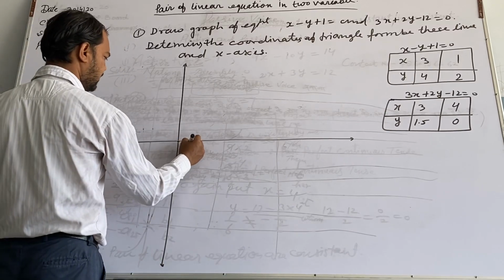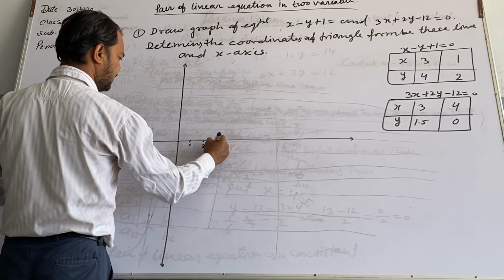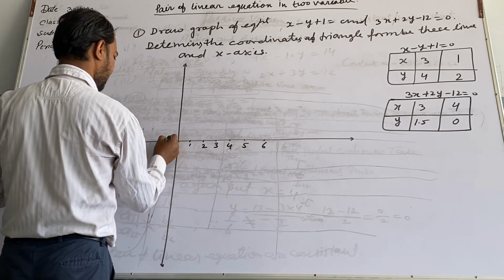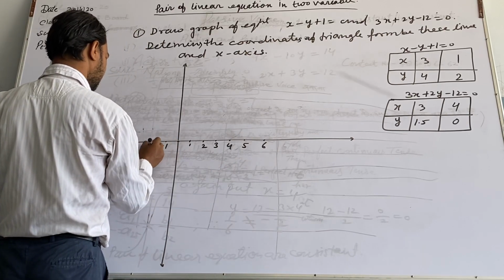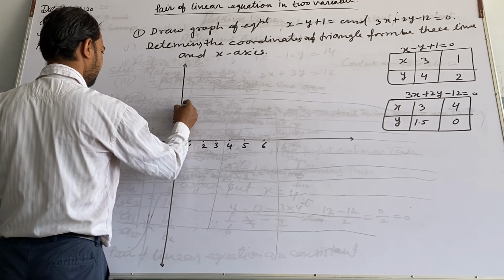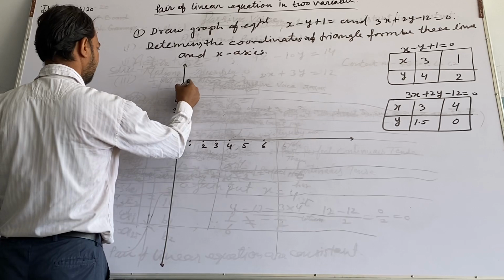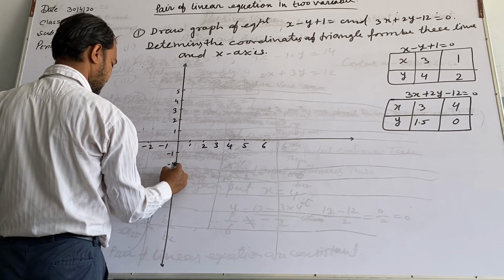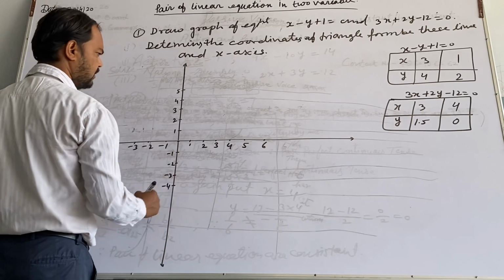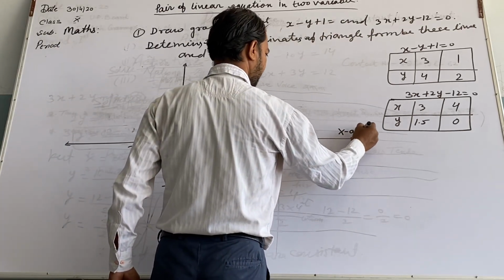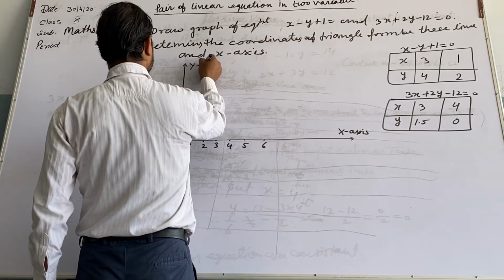So this is 1, 2, 3, 4, 5, 6, minus 1, minus 2, minus 3, and 1, 2, 3, 4, 5, minus 1, minus 2, minus 3, minus 4. This is your x-axis. This is your y-axis.